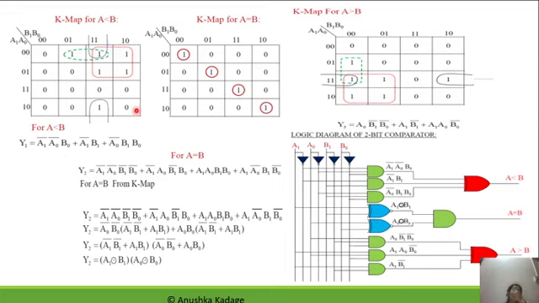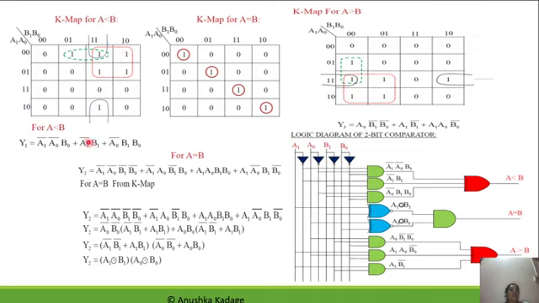After doing this, we have to group the adjacent ones. We have this first group of 4 ones to be grouped. Then the 2 adjacent ones are to be grouped, and finally this one and this one as a pair we group. After simplification of the group of 4 ones, we find B1 and A1 dash.